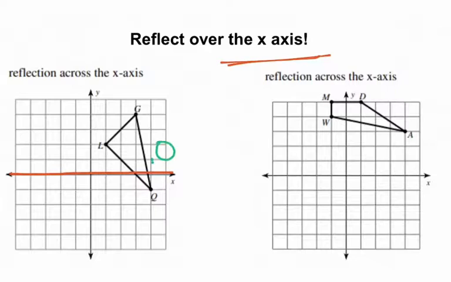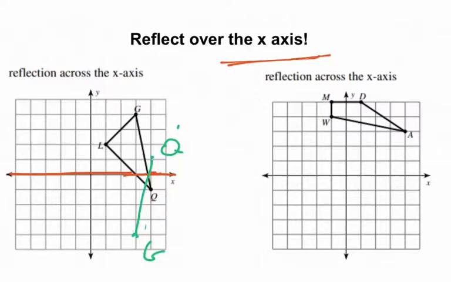And that's going to be Q with our little line. Okay, then if we count from the x-axis up to the G, I'm going to count 1, 2, 3, 4. So instead of being 4 above, I'm just going to be 4 below. 1, 2, 3, 4. And since Q and G are connected, we are going to connect them down here.